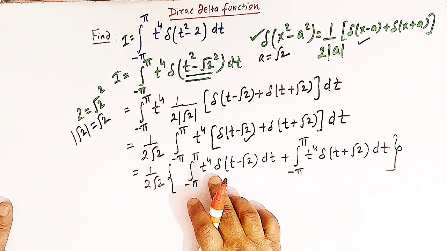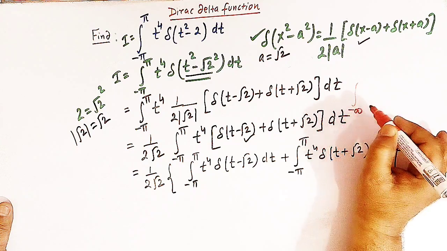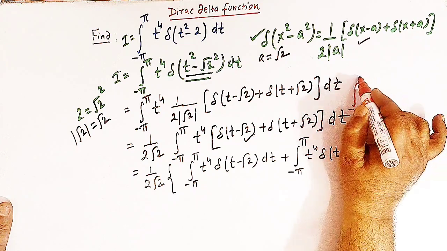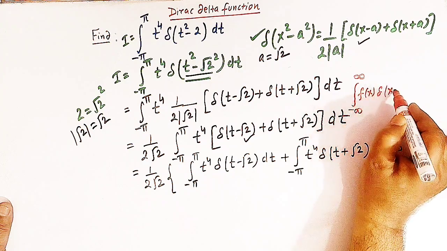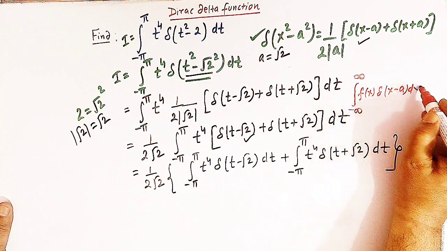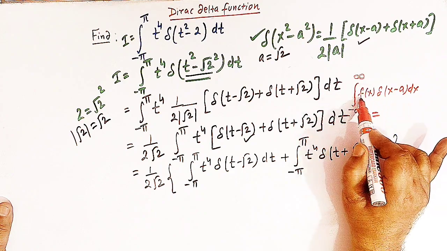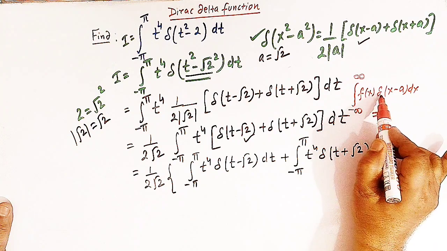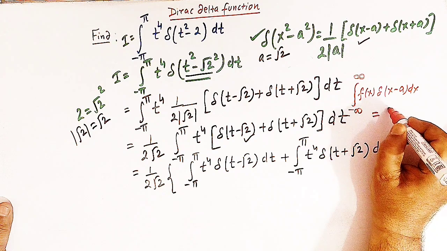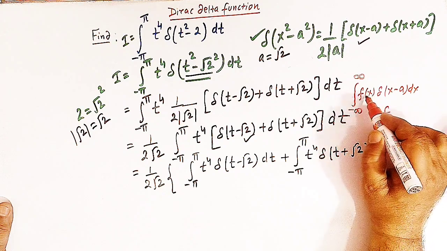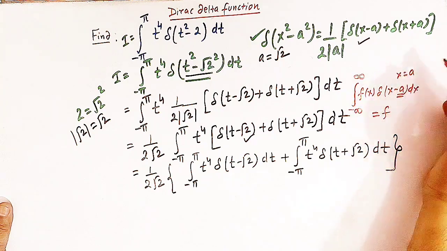So to evaluate these two integrals, we'll make use of this definition of delta function, that is integral minus infinity to infinity, we have f of x delta of x minus a dx, right? So whenever we have a function f of x associated with the delta function, then the value of this integral is equal to the value of the function f of x at this point, that is x is equal to a, right?